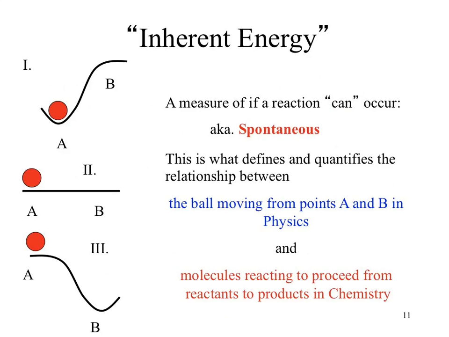Before we push too much further into our equation, our inherent energy was a measure of whether that reaction could occur. And one of the words that we introduce is this idea of spontaneous. Does the reaction spontaneously occur? So if we put our ball at position A, we would assume it spontaneously rolls to position B, in the case of 3.